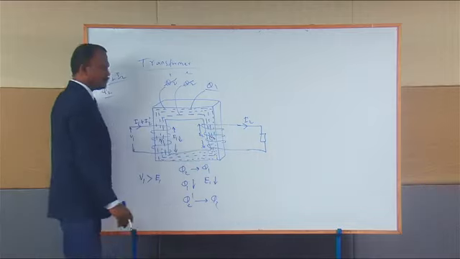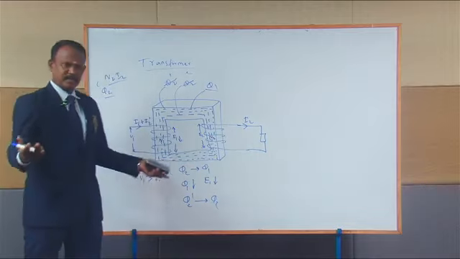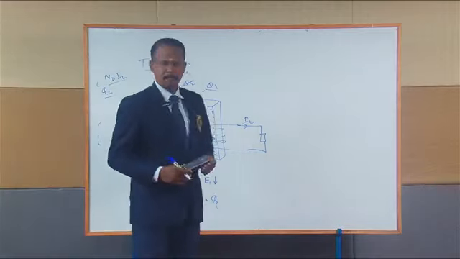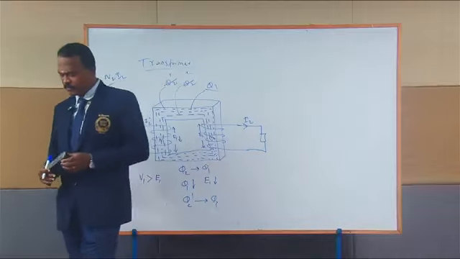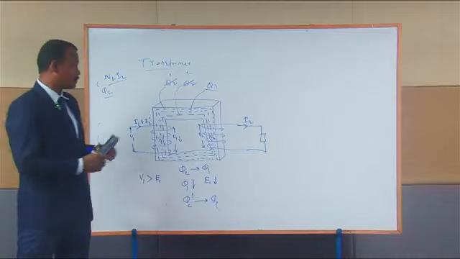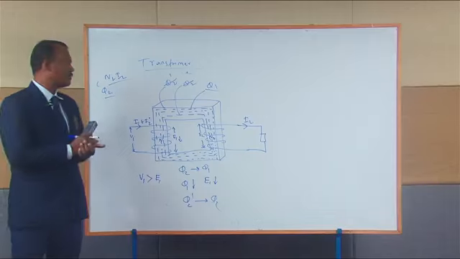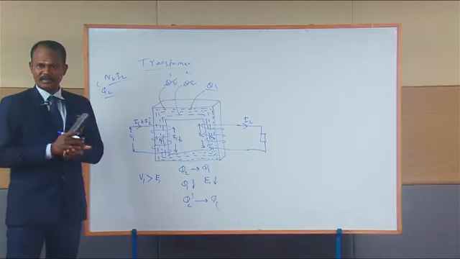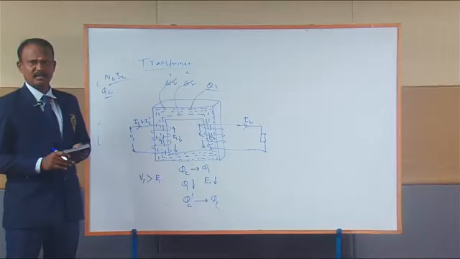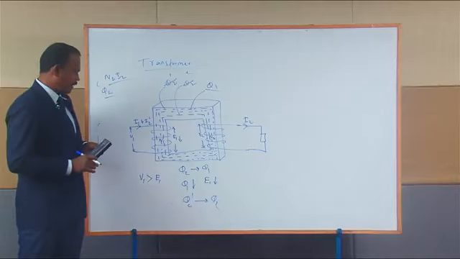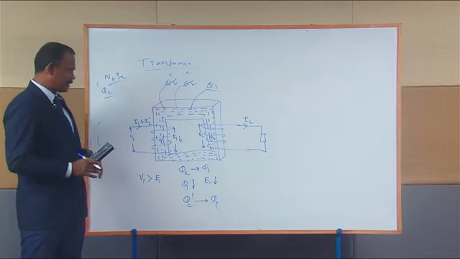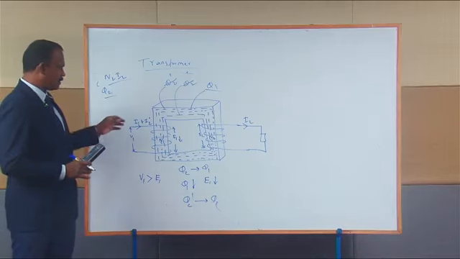That is why, whether you connect the load to the transformer or not, the flux in the magnetic core is almost constant for any type of transformer, irrespective of the load. Now we understand one thing clearly here.